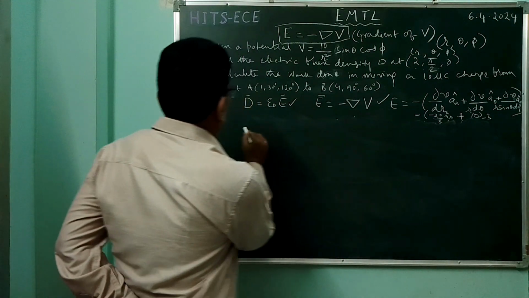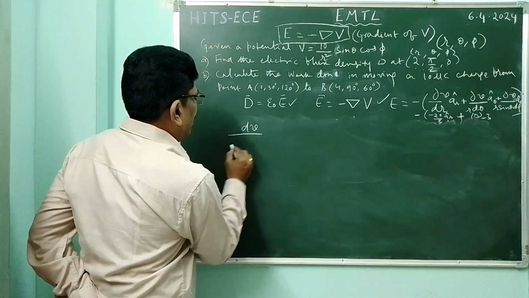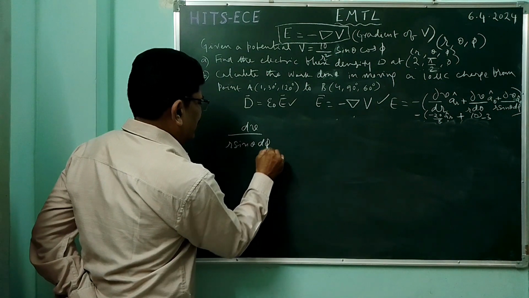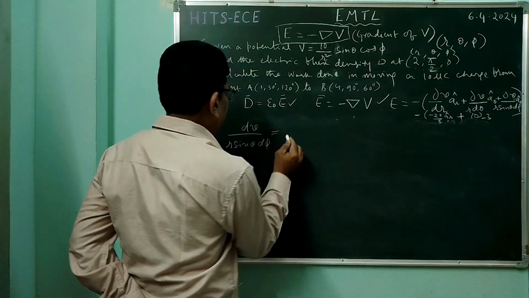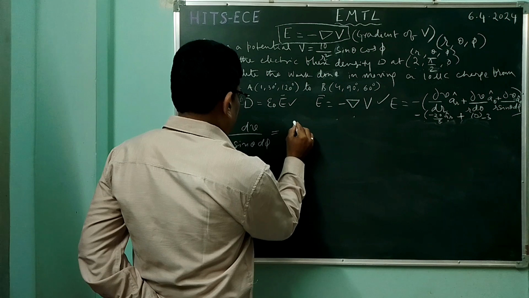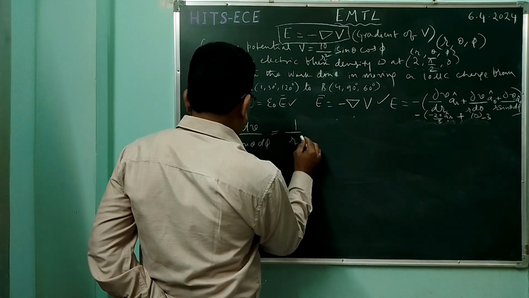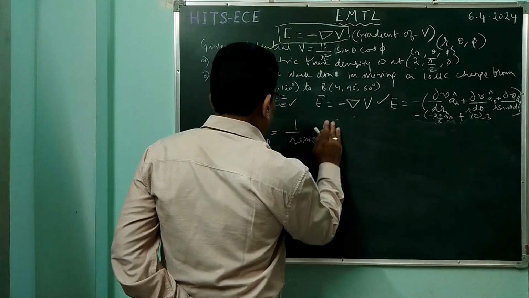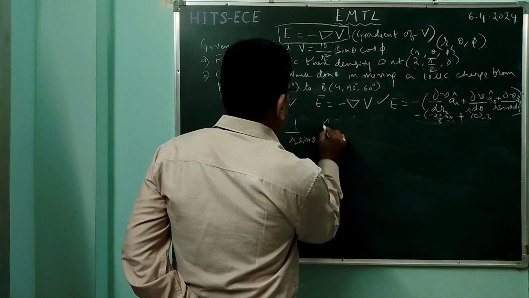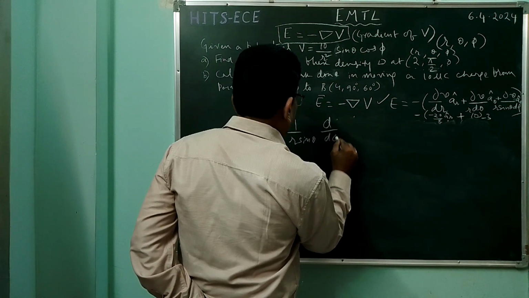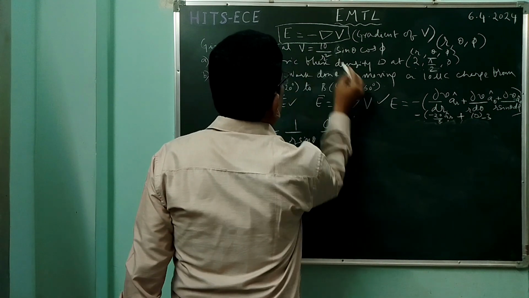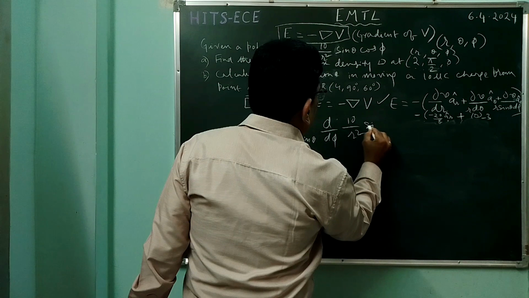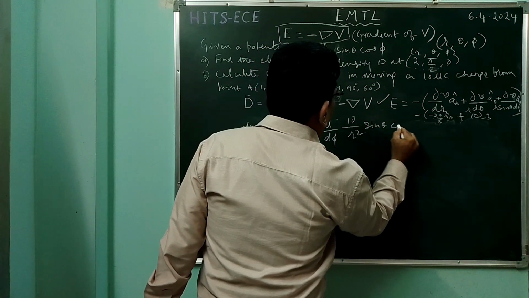Third term is (1/(r sin θ)) ∂V/∂φ. With respect to φ, I have to differentiate. It is equal to 1 by r sin θ, which is constant, times ∂V/∂φ. What is V? V is 10 by r squared sin θ cos φ.